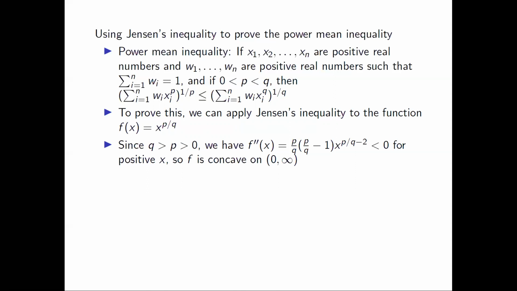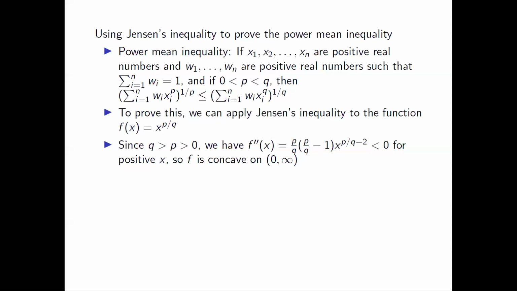And we can see that this is less than 0 because p over q is positive, but p over q minus 1 is negative since q is greater than p is greater than 0. So that tells us that f is concave on the open interval from 0 to infinity, since the second derivative is less than 0 when x is positive.